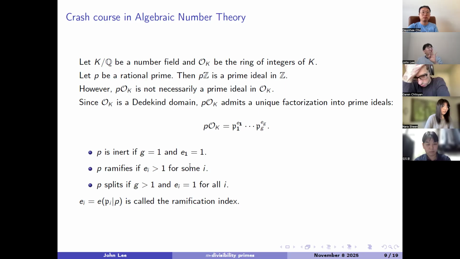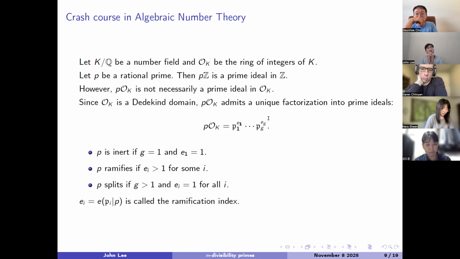Then we have three possibilities. Case number one, POK is inert. Here g is 1 and e1 is 1. That basically means POK is still a prime ideal. In that case, we call P an inert prime. Case number two, P ramifies if one of the exponents is greater than 1.